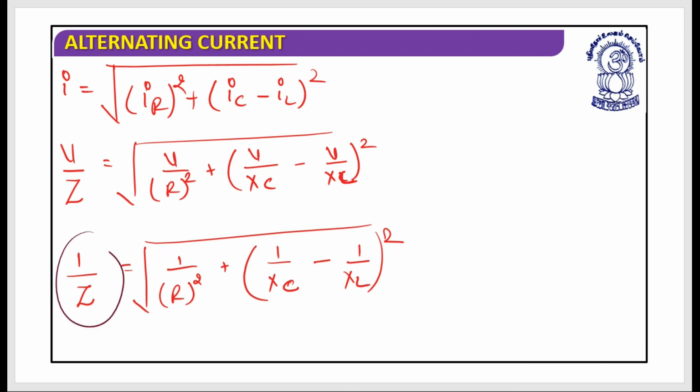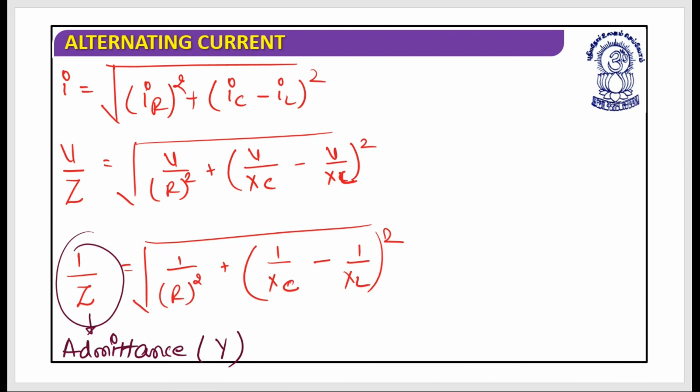This 1 by Z is what we call admittance. Some authors denote it with Y. It's an admittance. I hope this is clear.